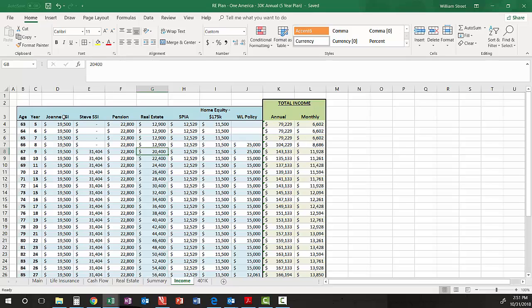Okay, so Joanne's Social Security, pension, the real estate net of interest and funding the policy, the SPIA. Now over here, the home equity, I looked at your financial questionnaire, and it looks like you've currently got about $150,000 or so of equity in your home.